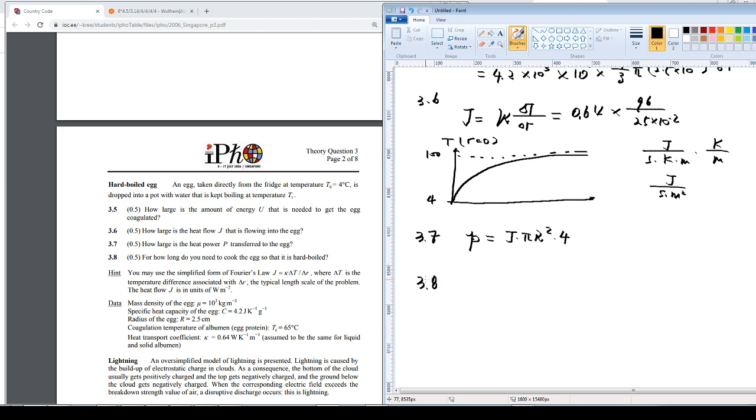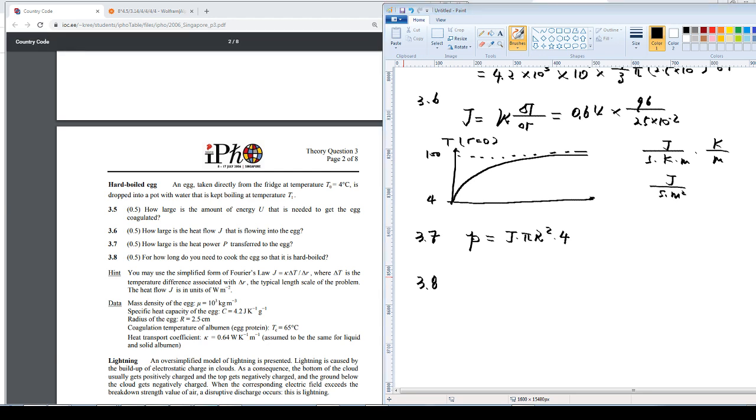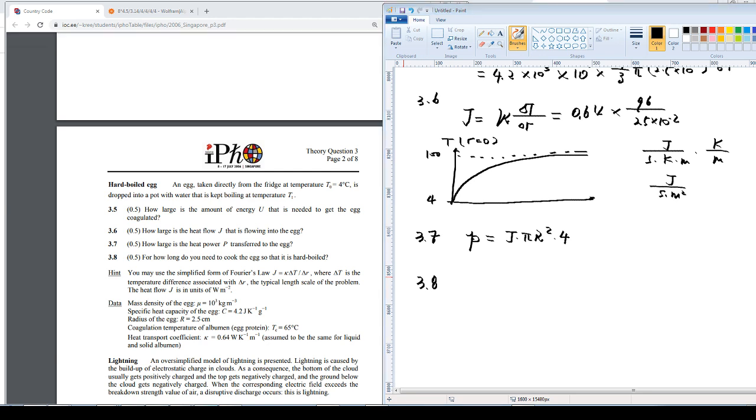Okay. And the last one, just divide the total energy by, yep, exactly, joules over joules per second.